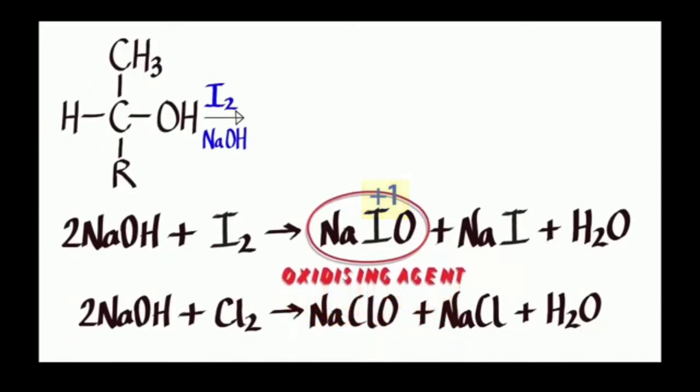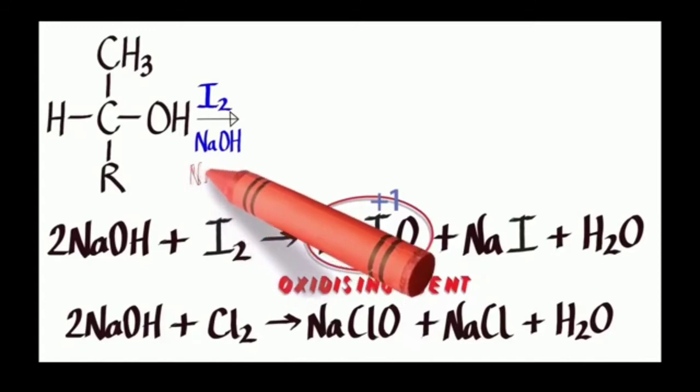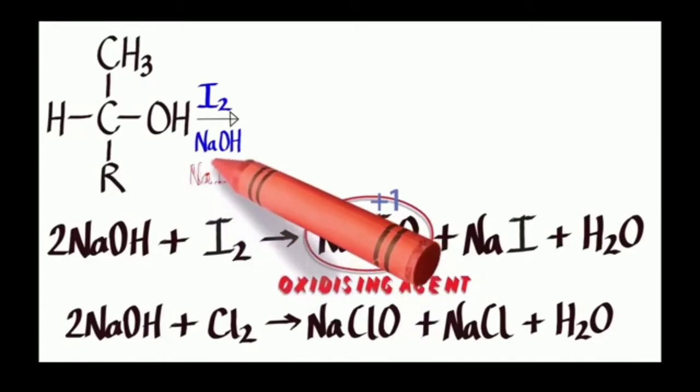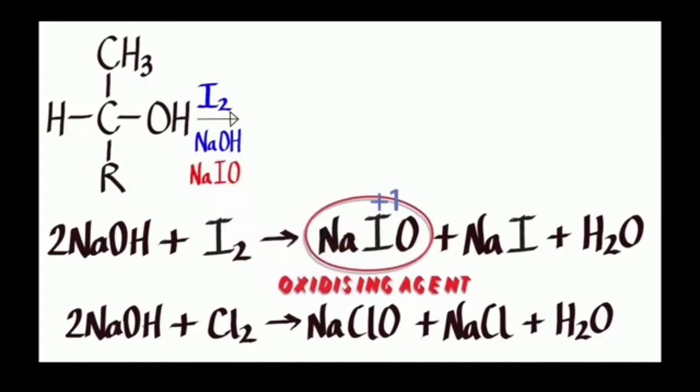Now, if that oxidation number can be reduced, and of course it can be reduced, for example, to 0 in the element or to -1 in the iodide ion, then it's capable of being reduced and therefore can behave as an oxidizing agent. And that's what goes on here in the first step of the iodoform reaction for alcohols.